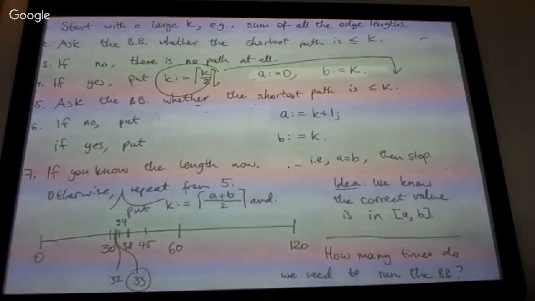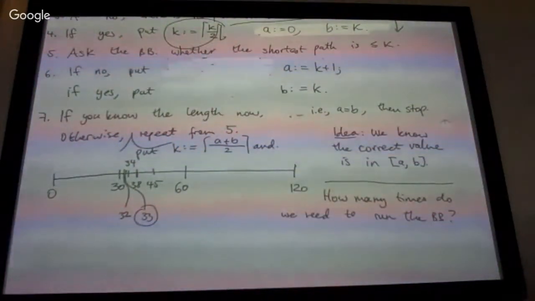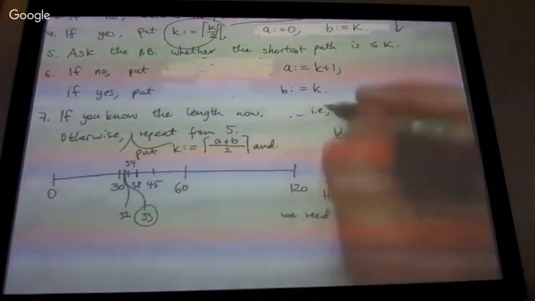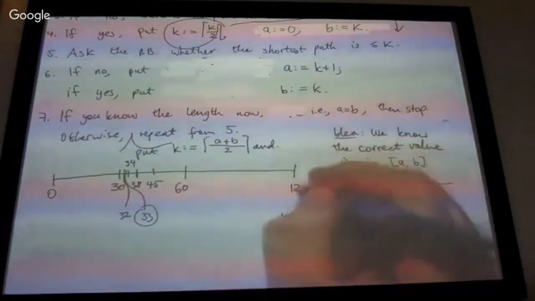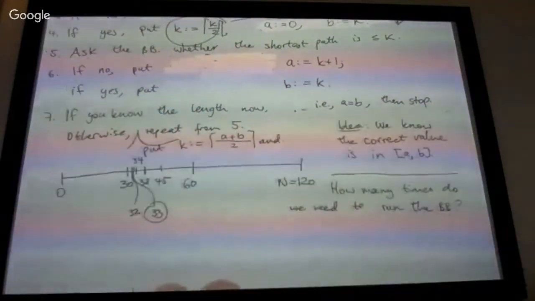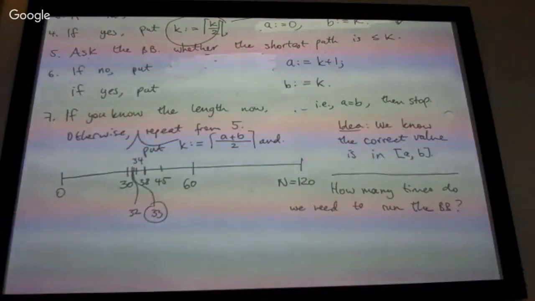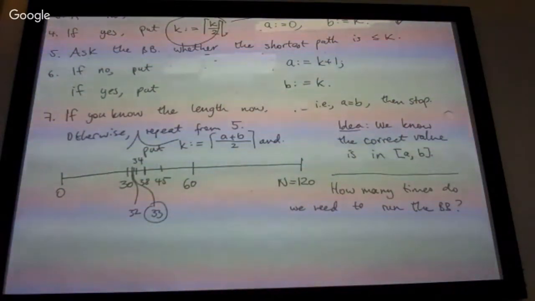Okay, 7, or something like that, thereabouts. So if this is n, how many times do we need to run the black box if the starting number is n?